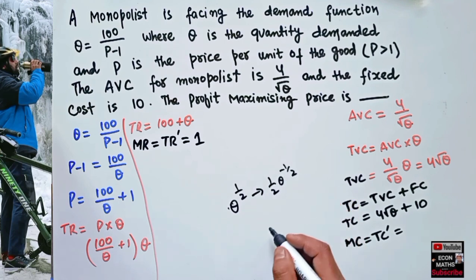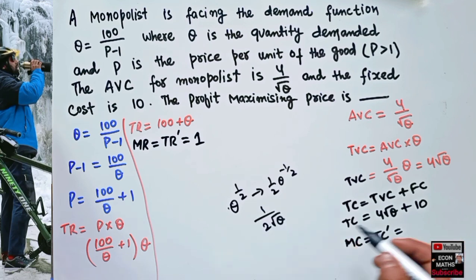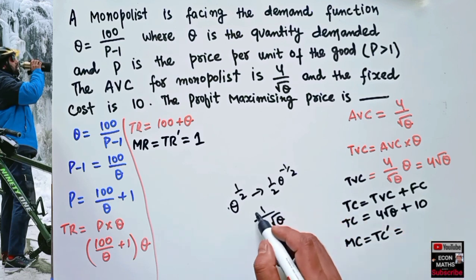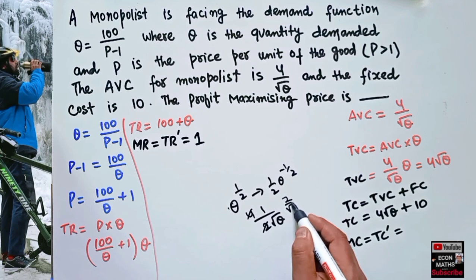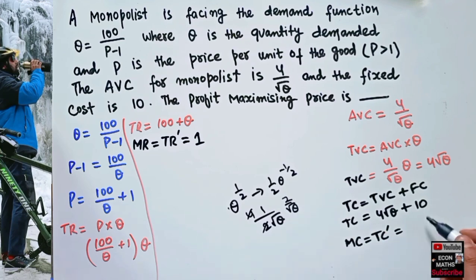So it will become 1 upon 2 under root q, and we have 4 also with this, so it will become 2 under root q. The derivative of a constant is 0, so our marginal cost will be equal to 2 upon under root q.